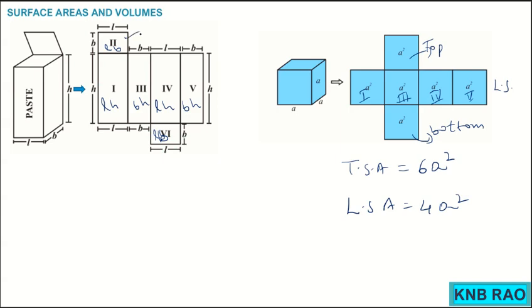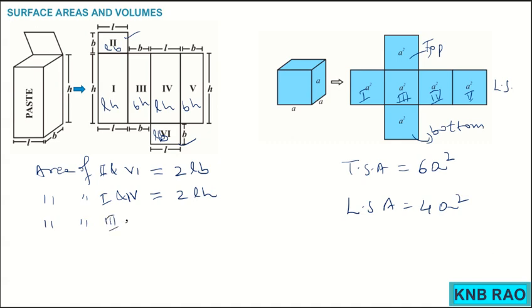Now I have got LB twice, so the area of the 1st and 6th surface is 2 times LB, the 2nd and 5th being 2 times LH, and the area of the 3rd and 4th being 2 times BH.